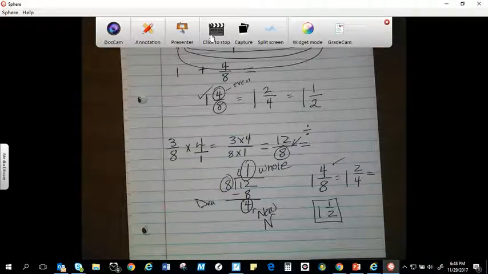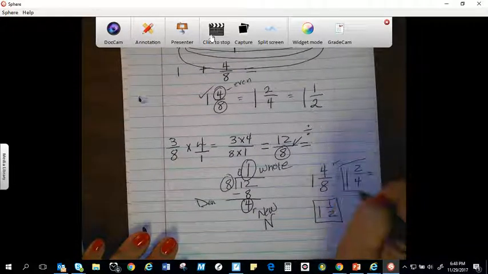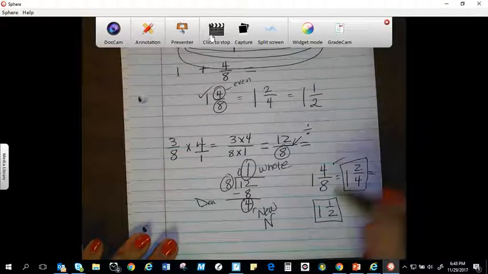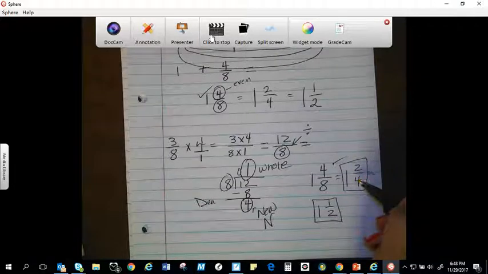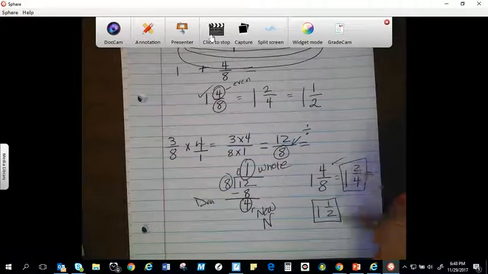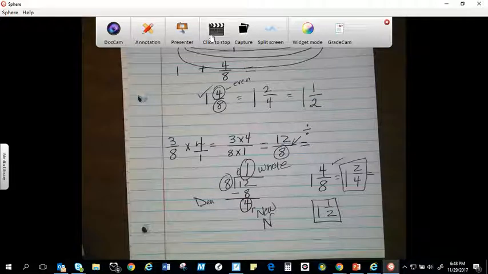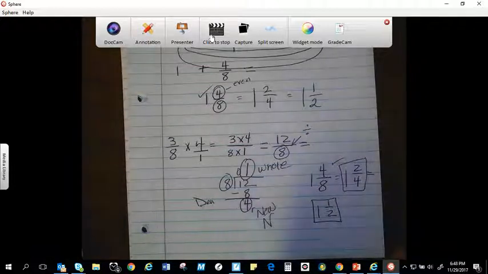Now, keep in mind that on any test, especially those benchmarks in STAR, you may see this kind of answer, and you may not see it in its lowest simplified form. And that's okay, because that's still the correct answer. So just be aware of that, because they're wanting to know, do you know the equivalent fractions?